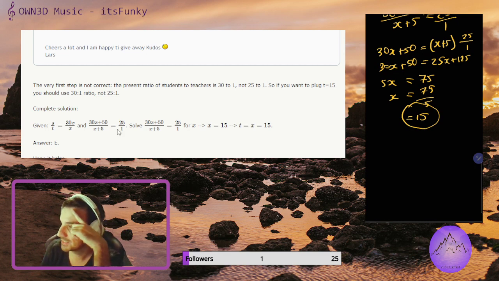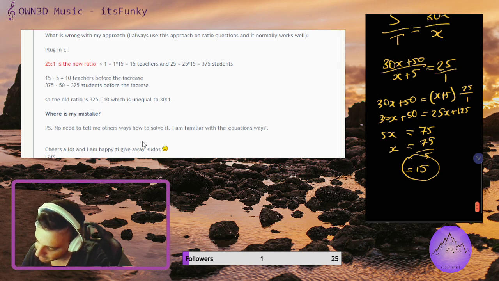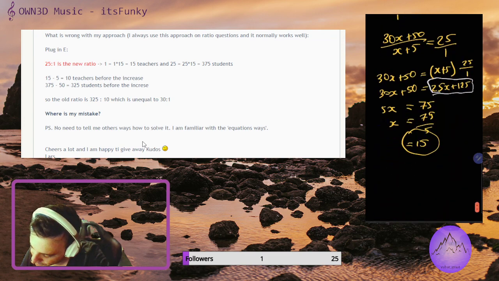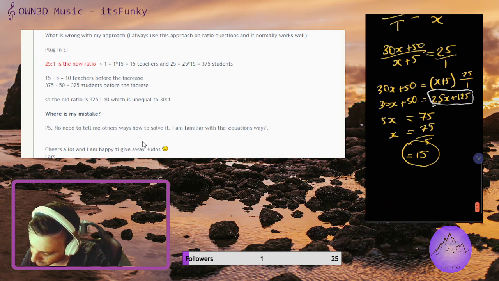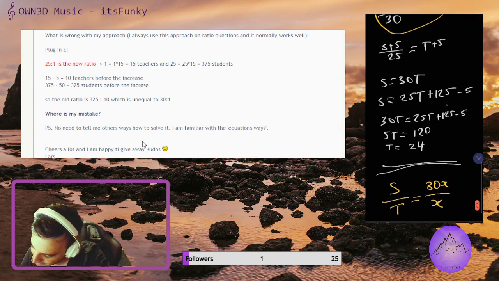Right, okay. So that makes sense, actually. Now, what was wrong with mine? Because in mine, I had this part. I remember having that part. I had 25x plus 125. Other side would have been 30x plus 50. I didn't have the 30. Well, I said S was 30t.